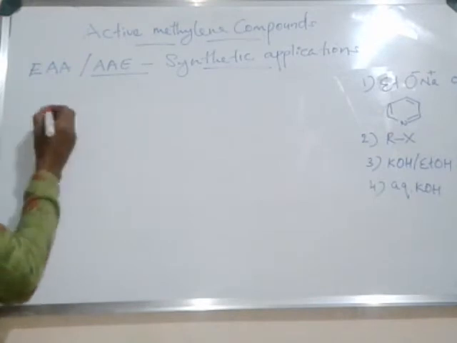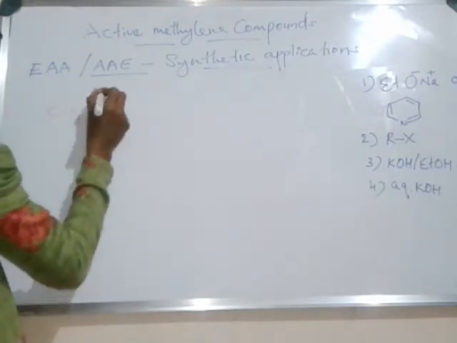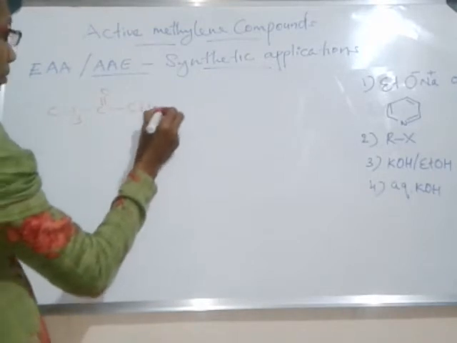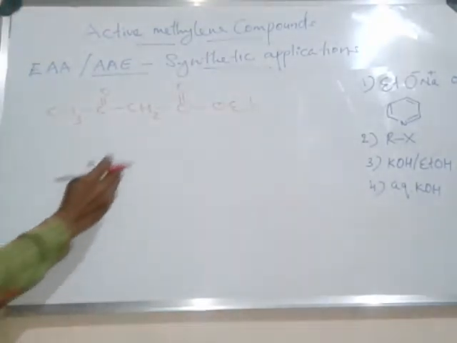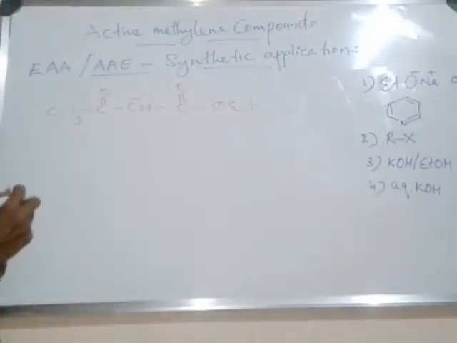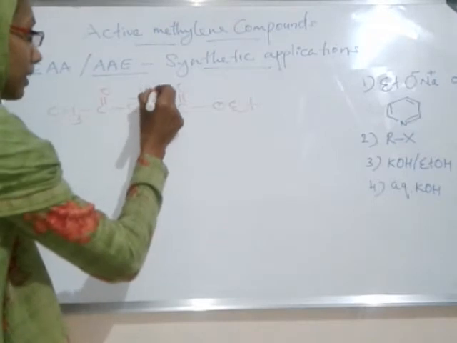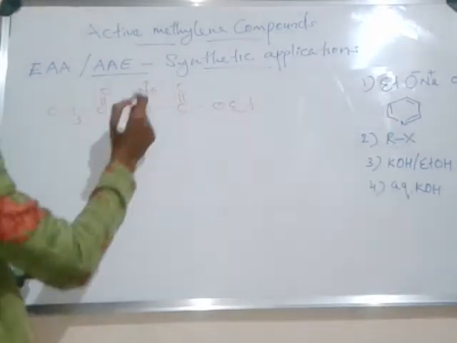So CH3-C(=O)-CH2-C(=O)-OEt. Then when EAA reacts with sodium hydroxide, an enolate anion with its counter ion Na+ is formed, and this is very reactive.